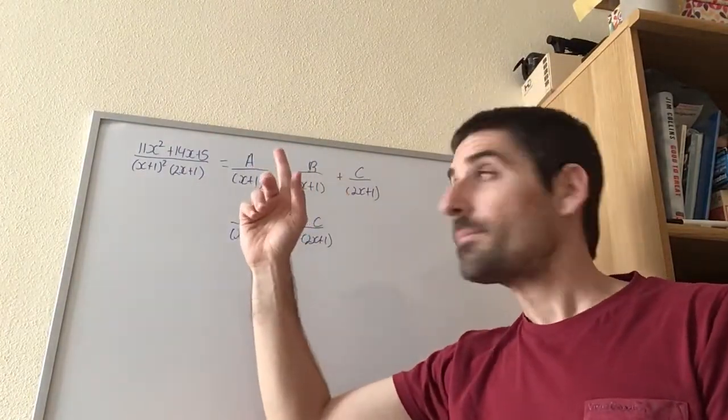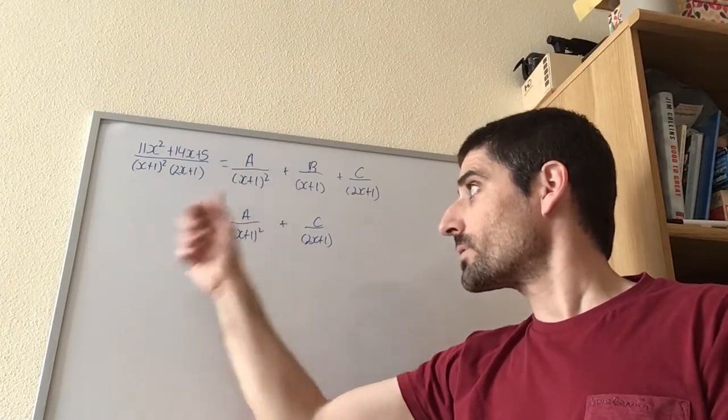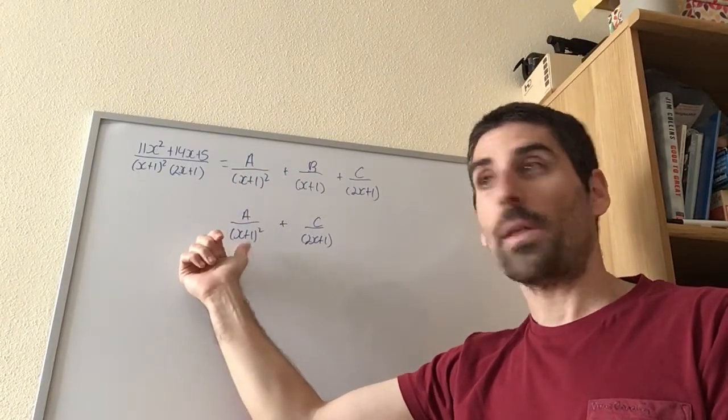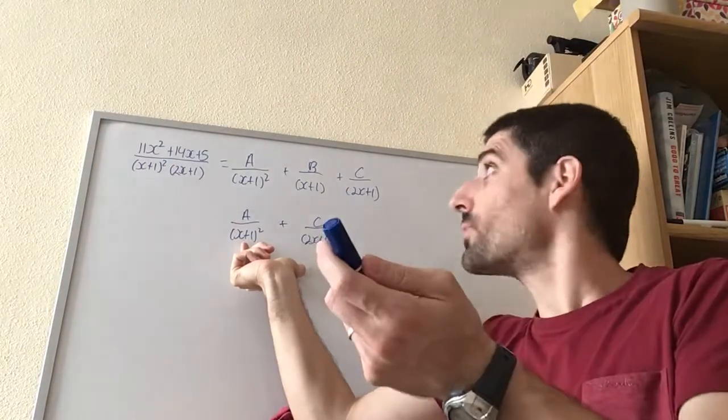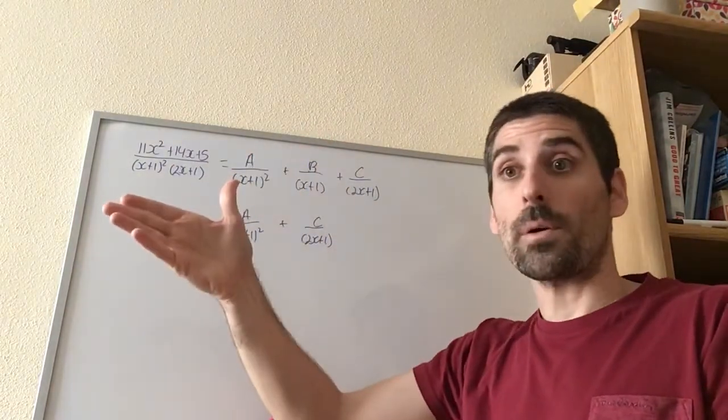Now, why is it better to start from here? Because if you assume that this fraction came from only 2, but in actual fact it came from 3 fractions, you'll get it wrong.